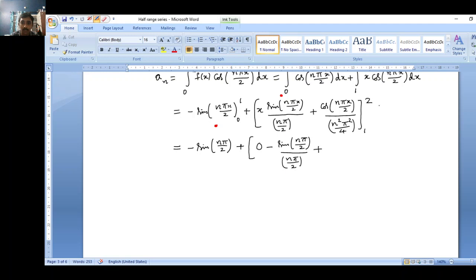And for the second term, when you go for the upper limit, you get cos n pi. Cos n pi, as we know, is minus 1 power n. And for the lower limit, you get cos n pi by 2, because x is 1. So this will have the common denominator as n square pi square by 4.